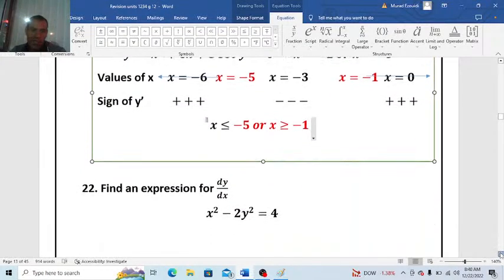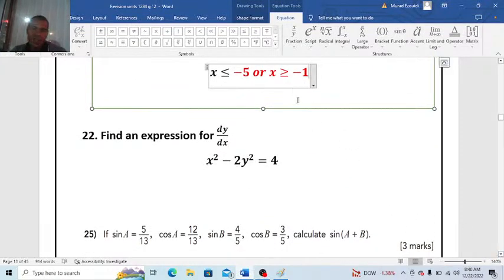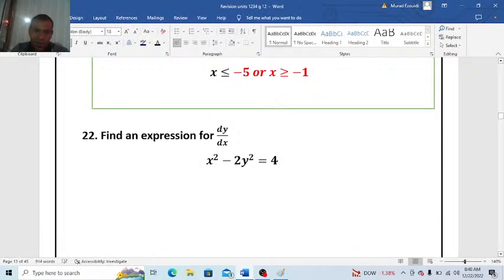Now the second question: find an expression for dy with respect to x when x squared minus 2y squared equals 4.